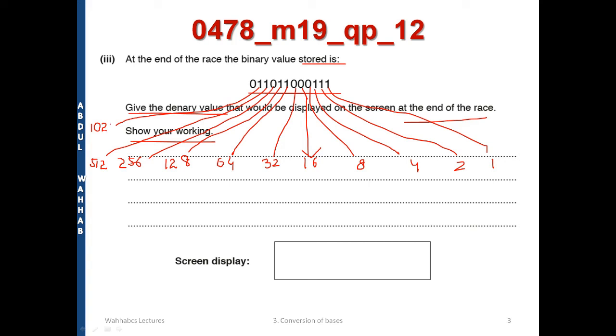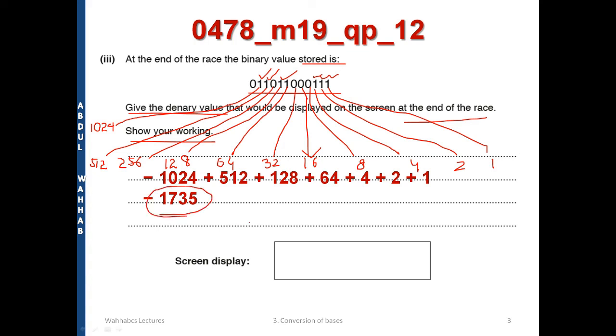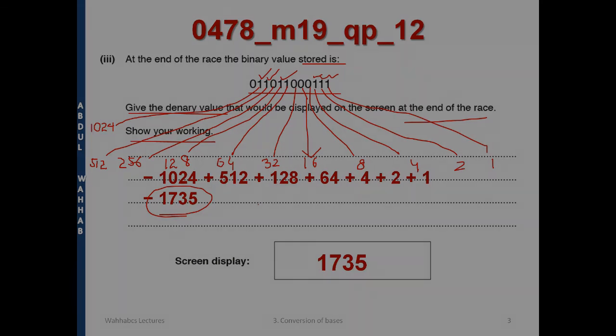So how will you solve the answer? Whatever bits are on: the 1024 bit is on, 512's bit is on, and then we have the 128 bit on, 64, and these are off, and this one is 4 and 2 and 1 as well. So if you add up the ones bits you will get 1735. So this is your answer.